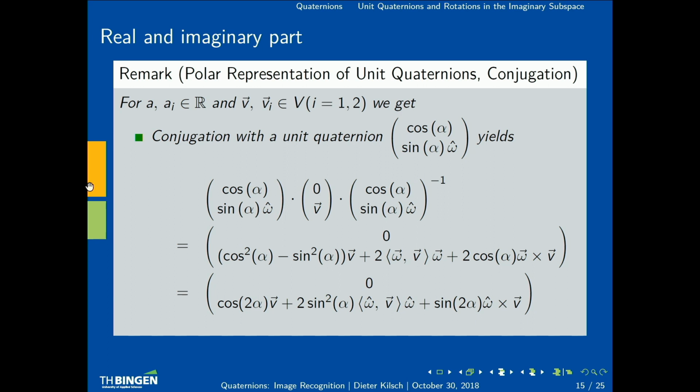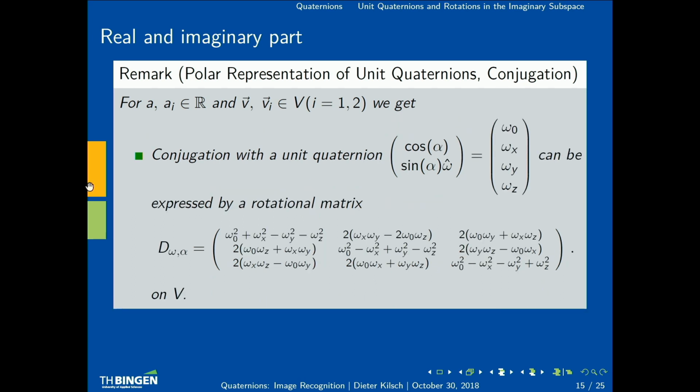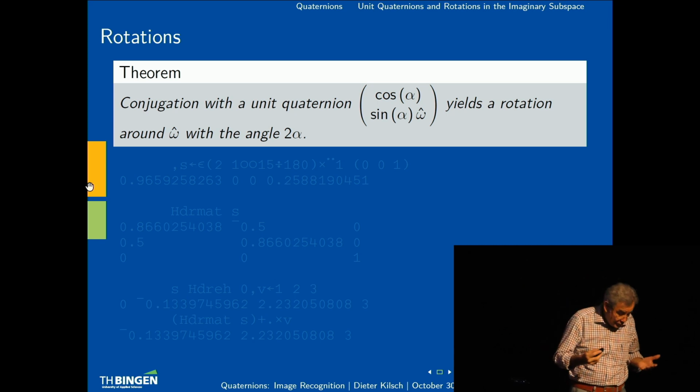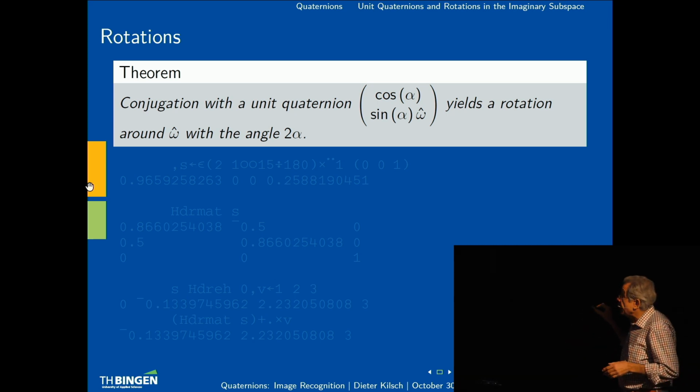Now, if you calculate through it, you realize that you get 2 times alpha here and 2 times alpha here, and this is a special expression which I will explain a bit later on as far as I need it. So having calculated this formula, you immediately can write down a 3-dimensional rotational matrix, and, well, yes, I do not want to look into it any further, because it's more important really to check what this rotation makes.